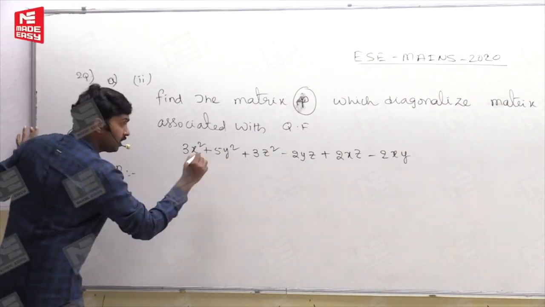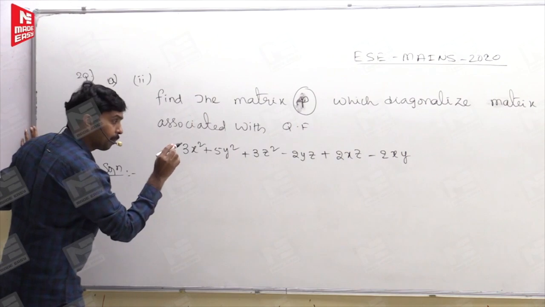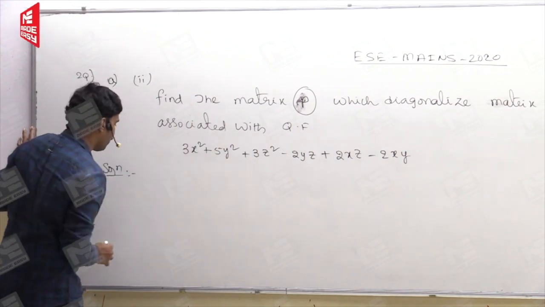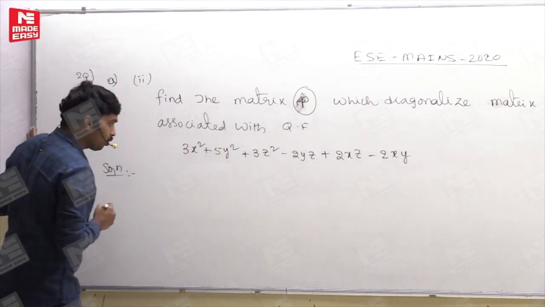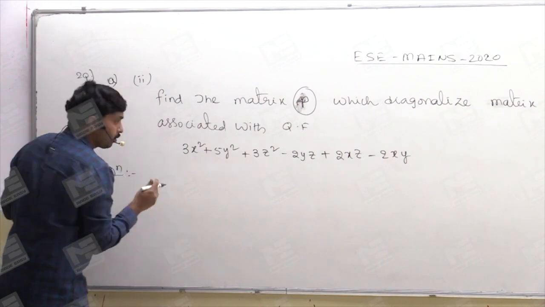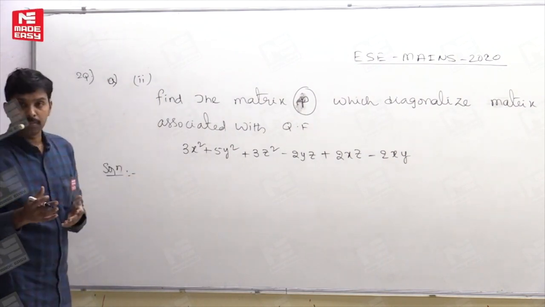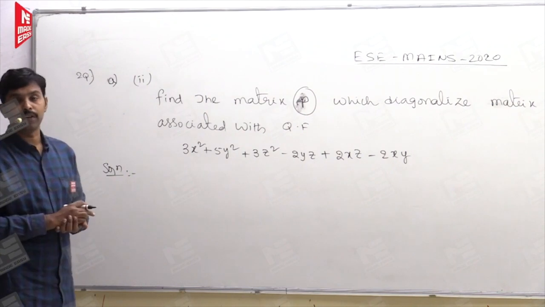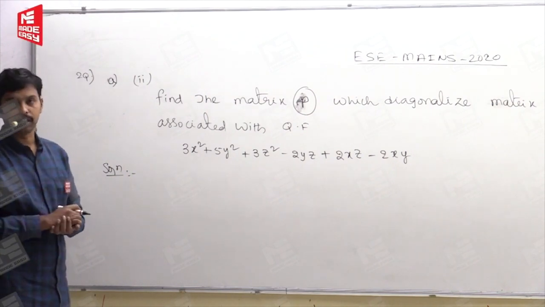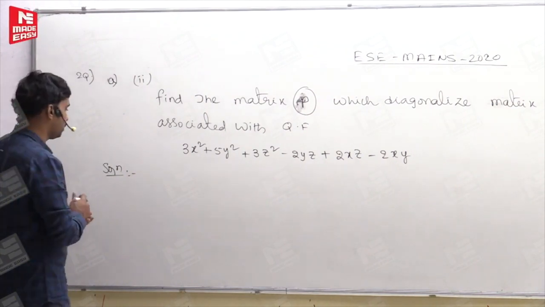Right. Now let's write the matrix associated with this quadratic form. See here how to write this. Actually, the matrix associated with the quadratic form will be a symmetric matrix. So how do you write this symmetric matrix?